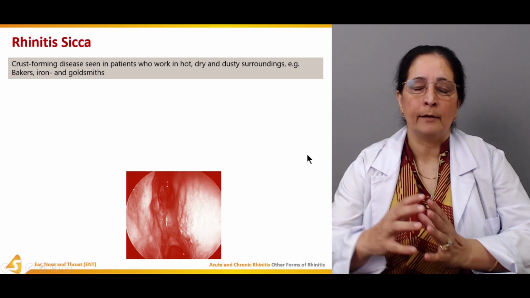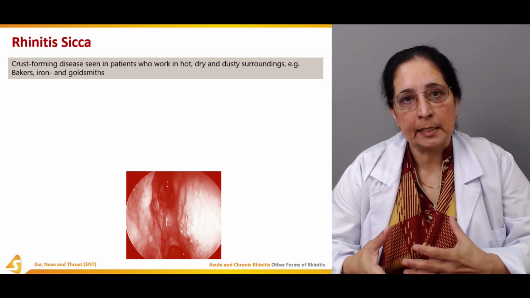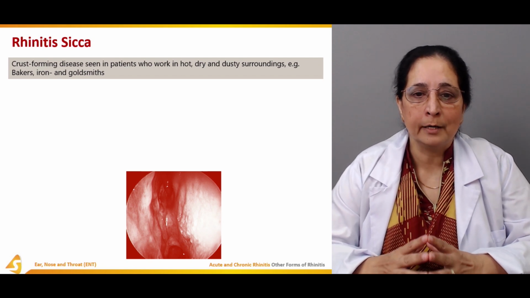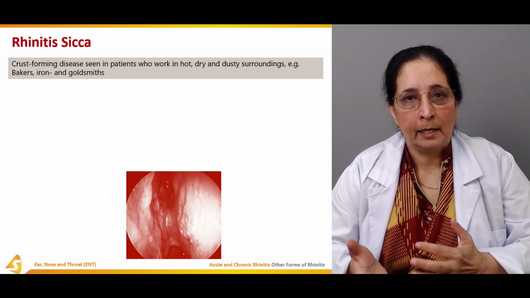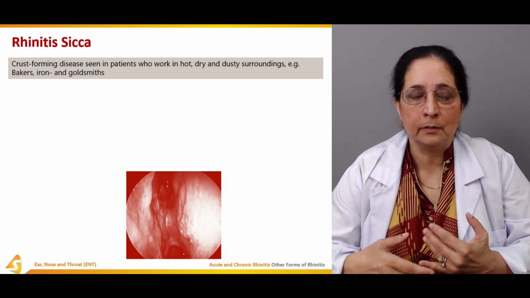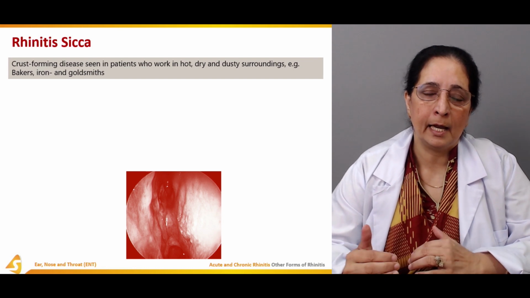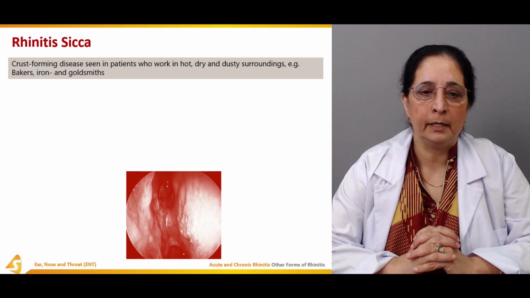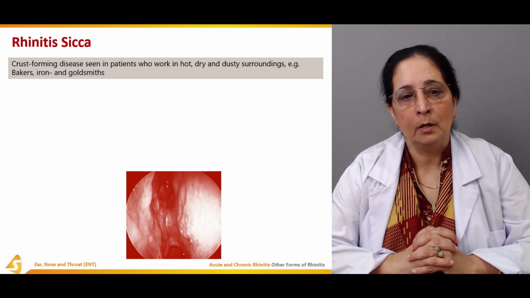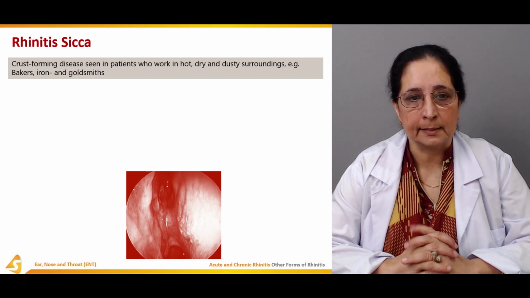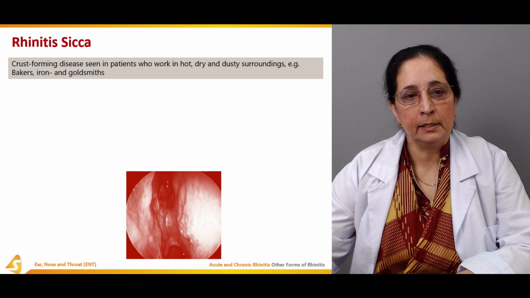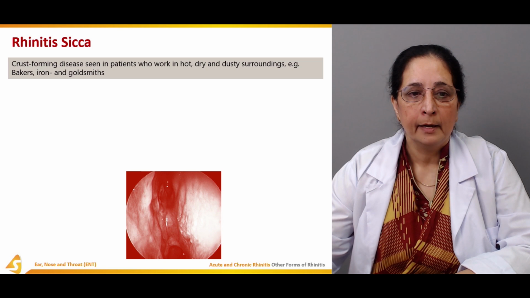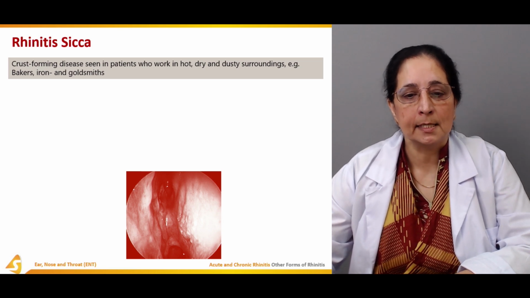So people who have this mainly occupational type of rhinitis work in an environment which is hot, dry and dusty, like bakeries where they have a very hot environment, and people working in iron and gold mines and iron and goldsmiths. All these are the different presenting features or causative factors of rhinitis sicca.